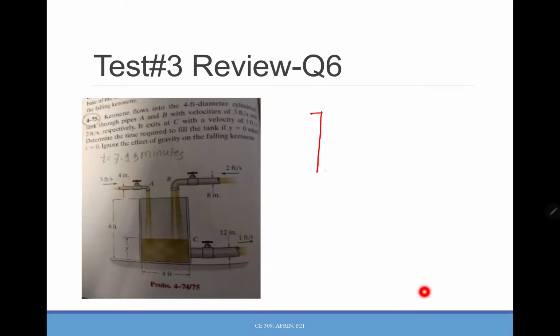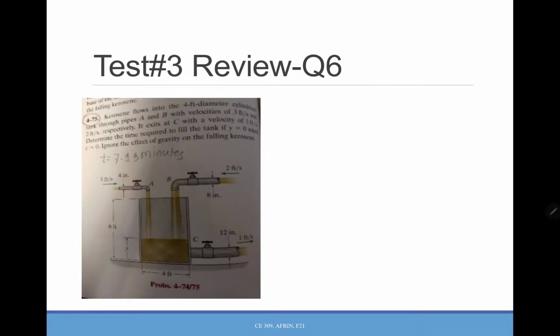For this one, what they are asking, you have a tank here, you have one inflow A, another inflow B. At the same time, you have one outflow at C. That means for this setup we have 2 inlets, 1 outlet, and obviously whether the tank will be filled with kerosene or not, it will depend on what amount of flow is coming and what is going outside.